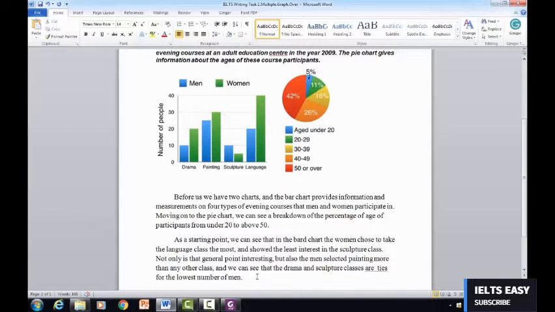So here we have 3 sentences that describe our general overview.